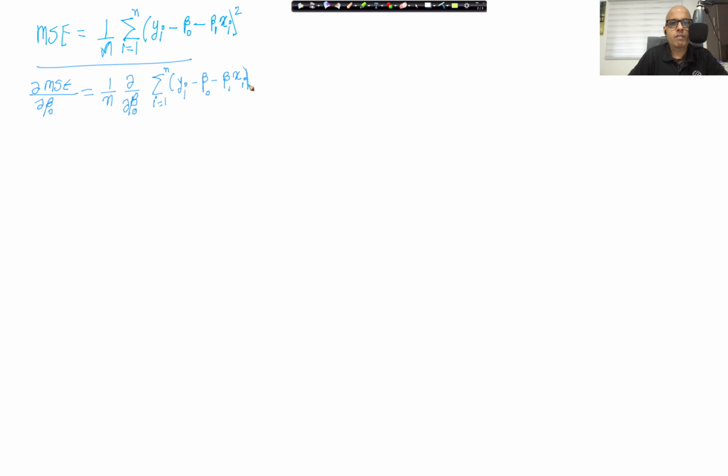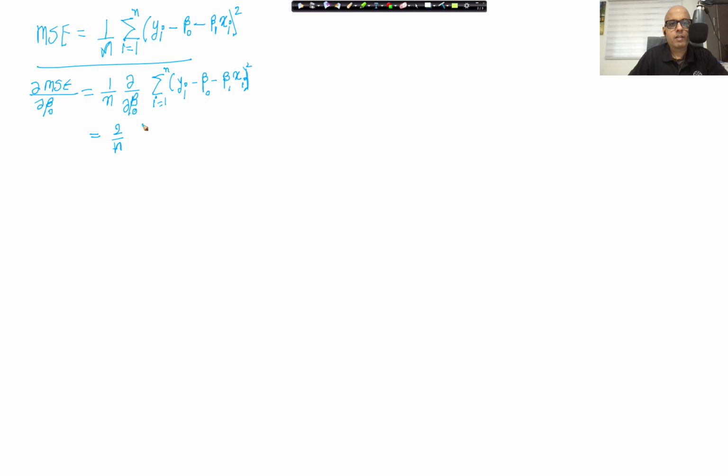And when we take the derivative, the square is going to move in the front, and so what we would have is 2 divided by n, and then we can write the rest of it.